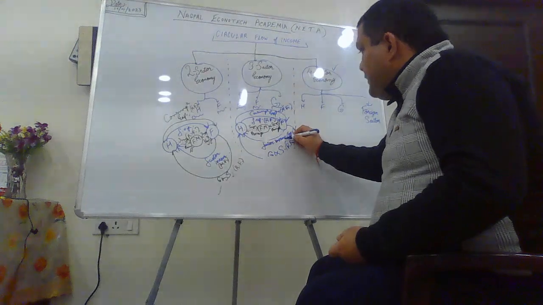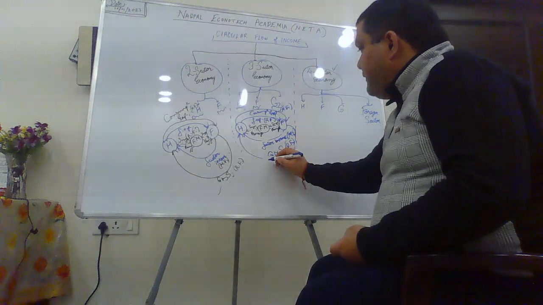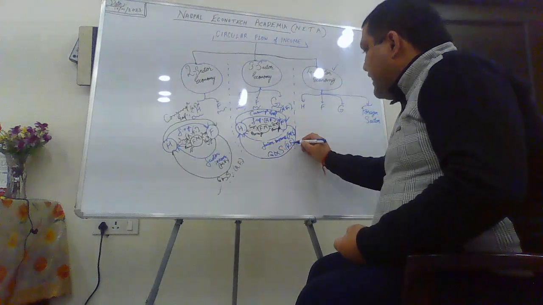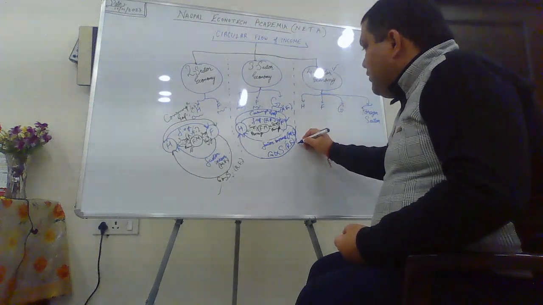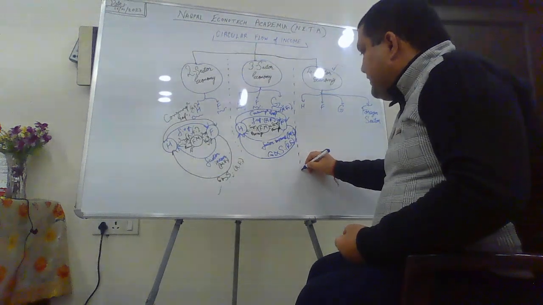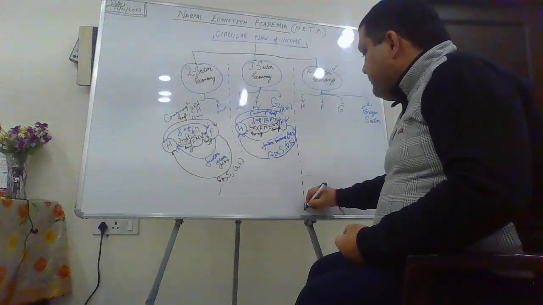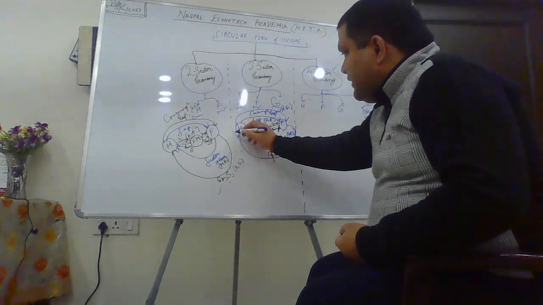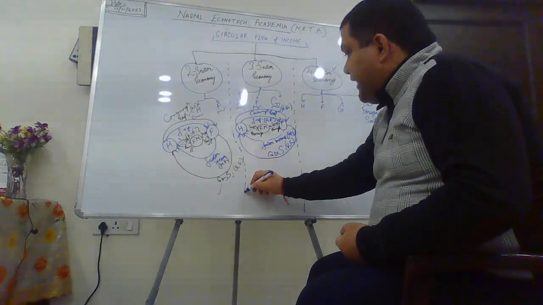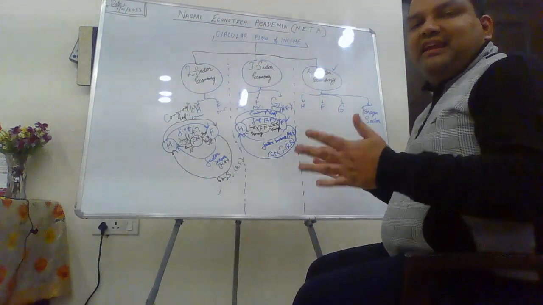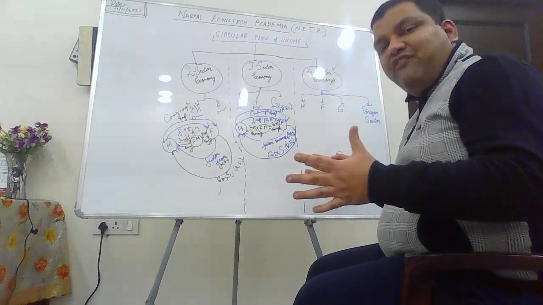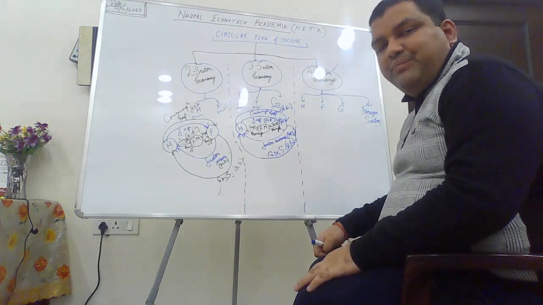I hope you all are making notes simultaneously so that you may benefit immensely, right? And this would help you develop the overall strategic framework and the basic understanding of the functionality of the sectors in an economy with the concept of circular flow of income, right?